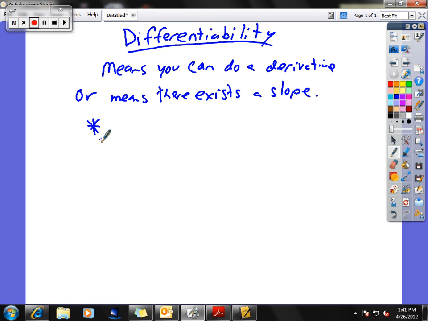First of all, if something is differentiable, it automatically has to be continuous. Because if something is not continuous, then there's no slope at a point where it's not continuous. So we'll do some examples of that. But a function must be continuous to be differentiable.